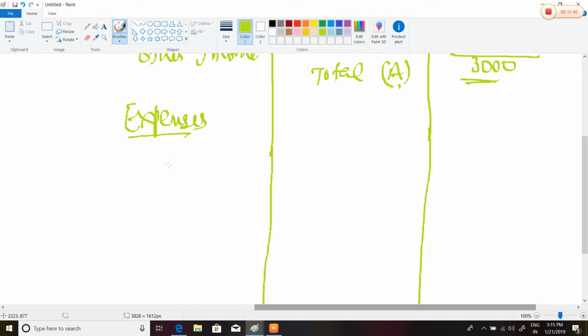The format is, first comes the cost of materials consumed. What is it? Closing stock minus opening stock, or you can write here change in stock.